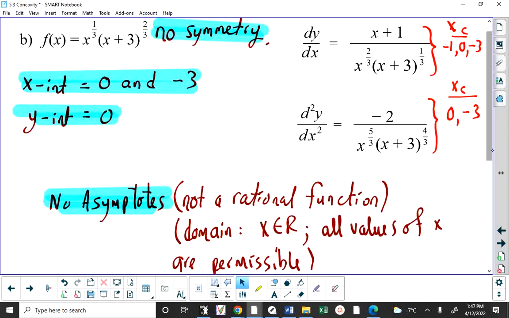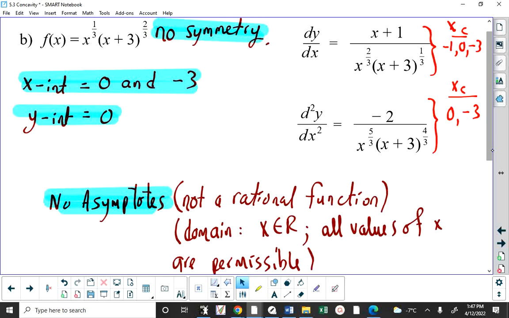You simply put in 0 for x. There are no asymptotes. It's not a rational function. I want to be careful there because there are other functions, as you know from Math 30-1, like exponential and logarithmic, that have asymptotes. But we haven't studied those in this course yet, so we will. But basically, it's not a rational function, so there's no asymptotes.